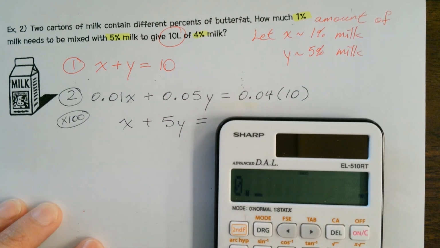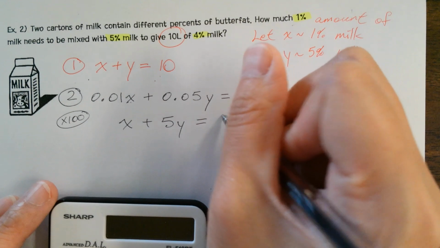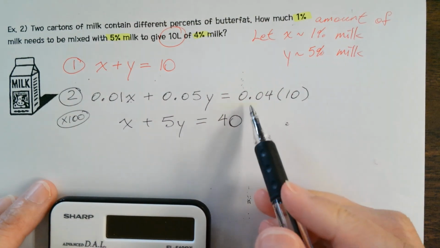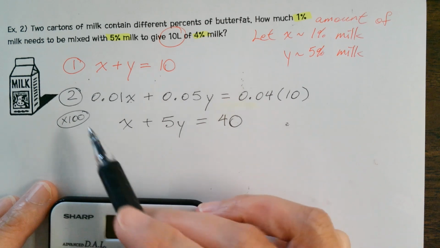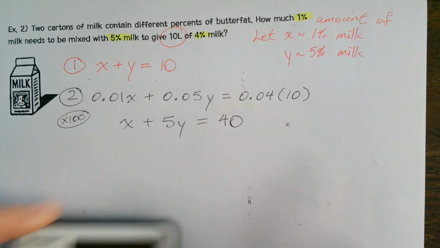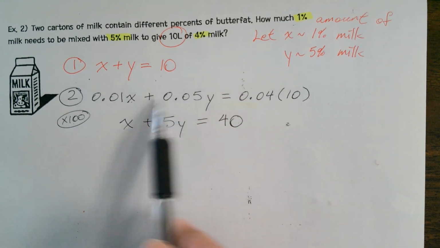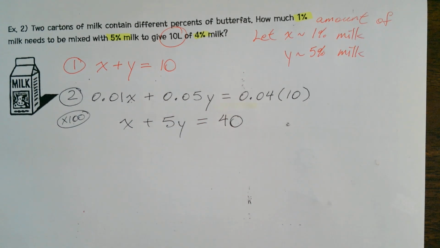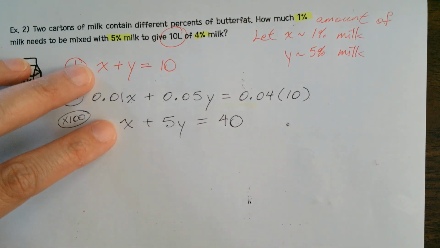So 0.04 times 10 first. We get 0.4. And then times it by 100, you get 40. All right, so that's where 40 came from. When you times by 100, you have to times it to both sides. Okay, so now my equation looks a lot nicer.